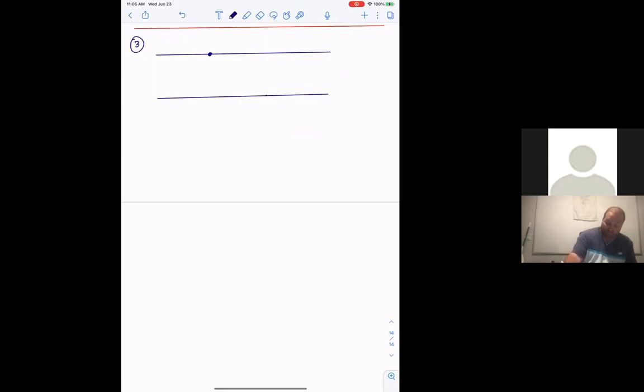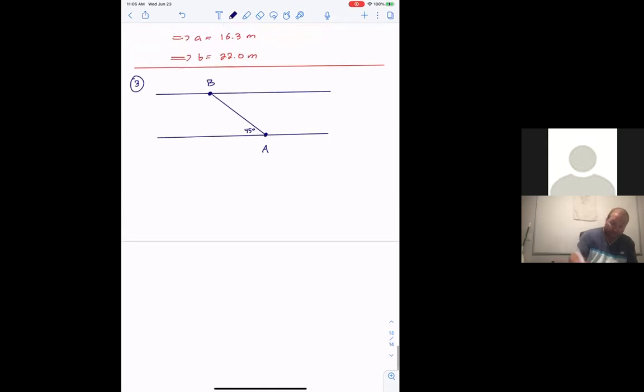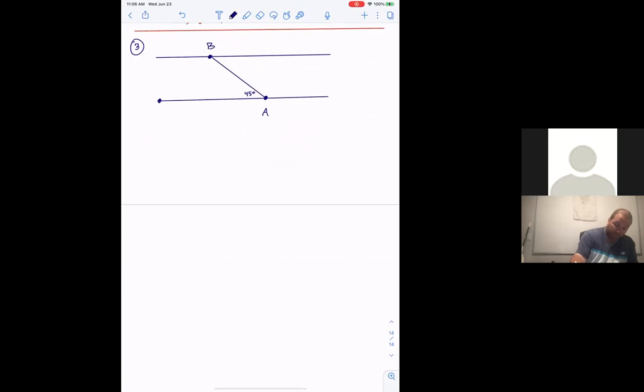So here's A and here's B. Actually, let's call this one down here A, and this one here C. BAC is 45 degrees. So if I make this angle here 45 degrees, it says point C is 450 meters from A on the same side. Okay, I'm thinking I get this now. So here's C.